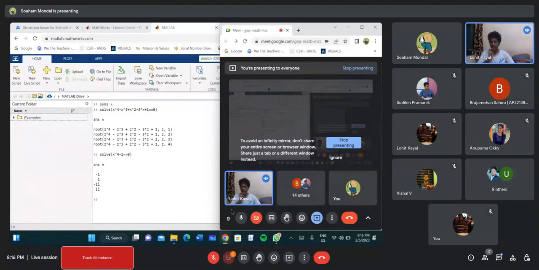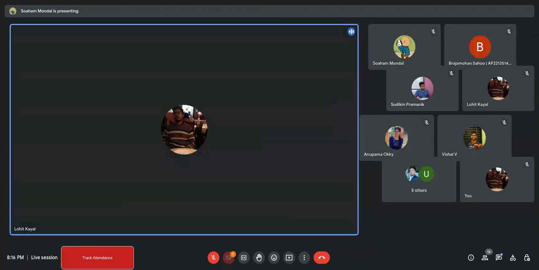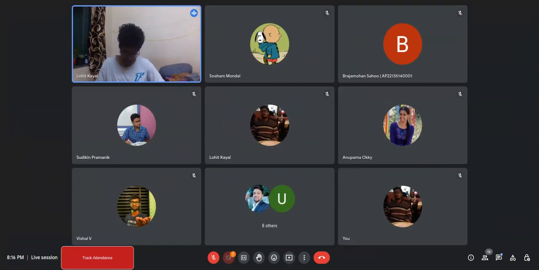Like theoretically you should be able to do any integration for some limit, but numerically it may not be possible. Yes, I will check it. Okay, yes, sir. Let me share my screen again.